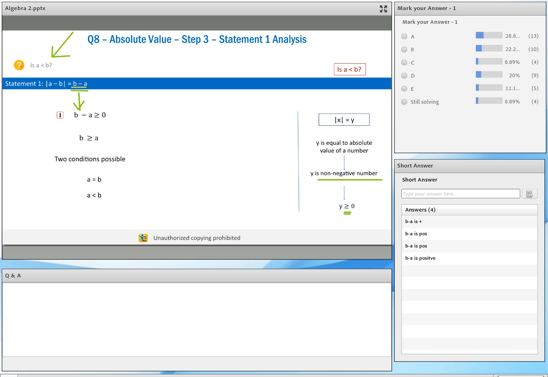Because A could be equal to B as well, statement 1 is not sufficient. So for those of you who selected choices A or D, you faltered over here because you did not consider that y is a non-negative number.